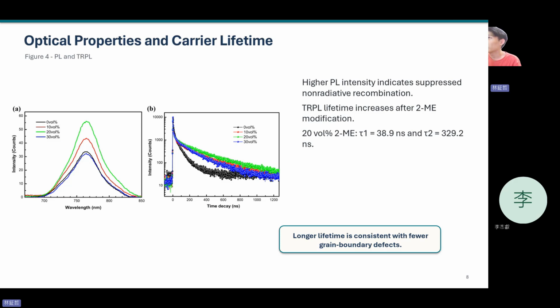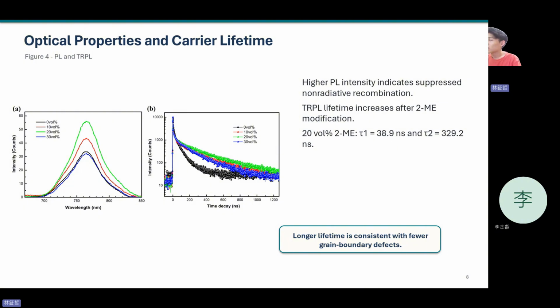TRPL gives more information about carrier lifetime. For the control film, the lifetime is shorter. For the 20 volume percent 2-ME film, the first lifetime is 38.9 nanoseconds and the third lifetime is 329.2 nanoseconds.